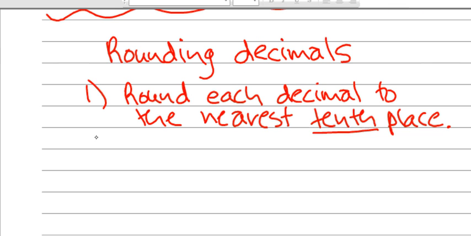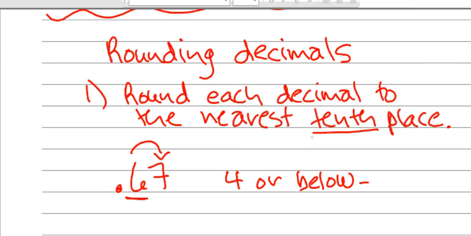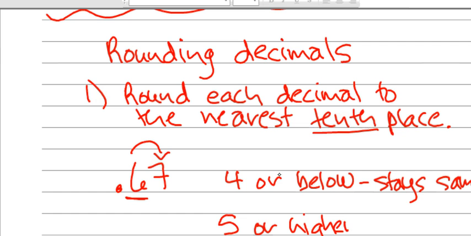So first one I'm looking at, 0.67. I want to round to the nearest tenth place. So we did rounding at the very beginning of the semester. Remember, we look next door to the right. Remember, 4 or below stays the same. 5 or higher, we bump up 1.